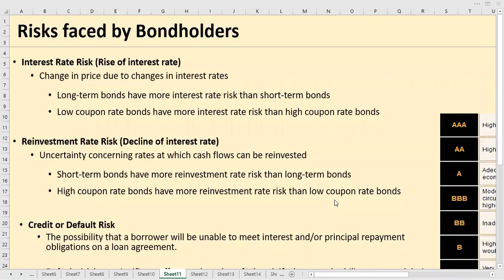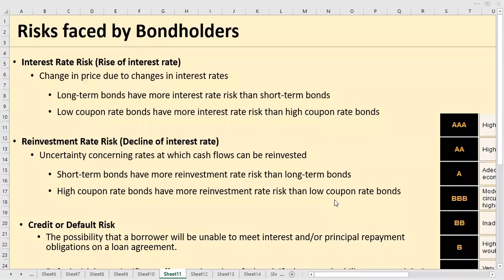But if you have a 20-year bond, for example, up to 20 years, then you don't want to reinvest that value. So that is the rationale here. If you have a long-term bond, that means you have less reinvestment risk. But if you have a short-term bond, you have high reinvestment risk.